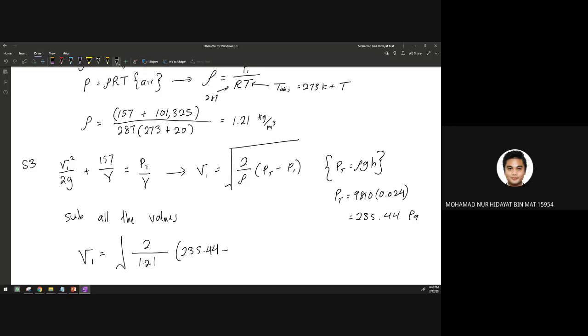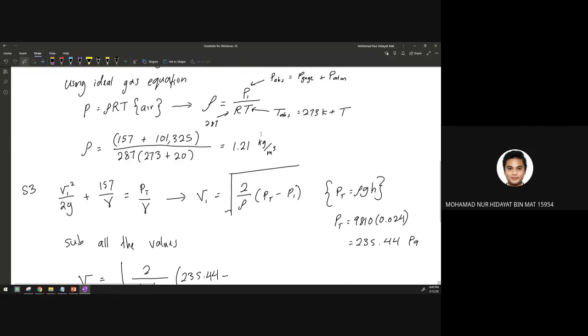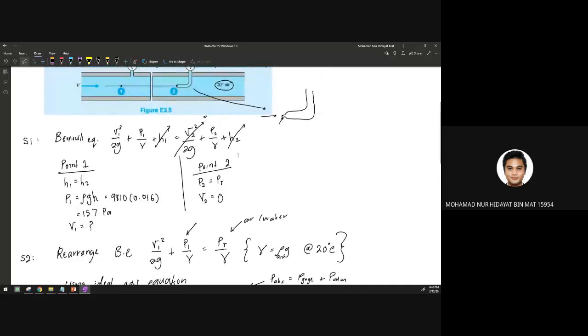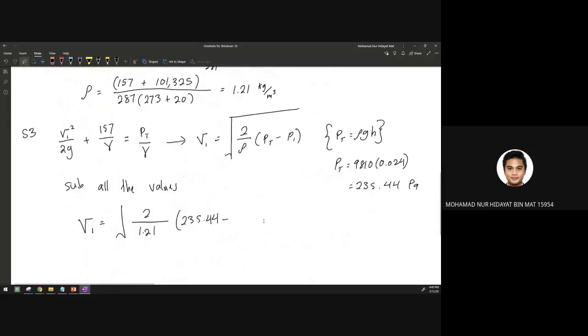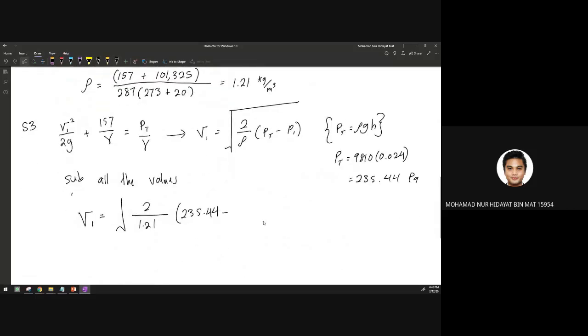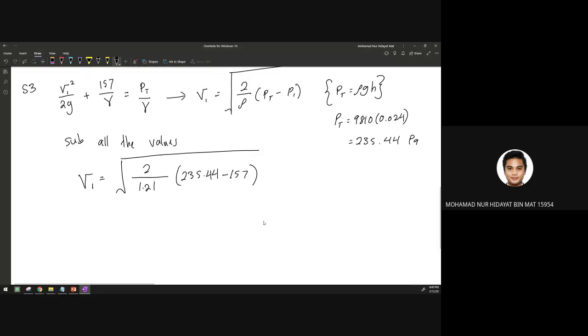We have calculated previously. Let's take a look. Which one? This one, 157. So can any one of you please give me the final answer? What's the final answer? The velocity?